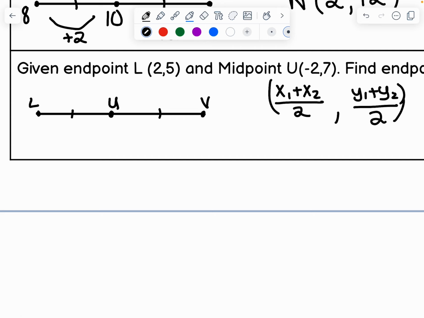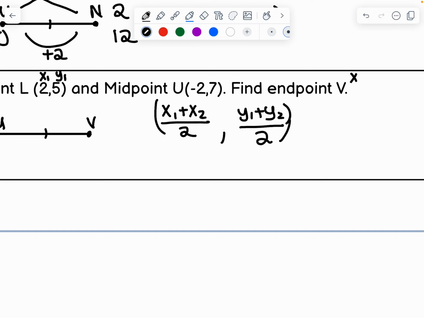And so what we have is L is our x1, y1, and V is our x2, y2.